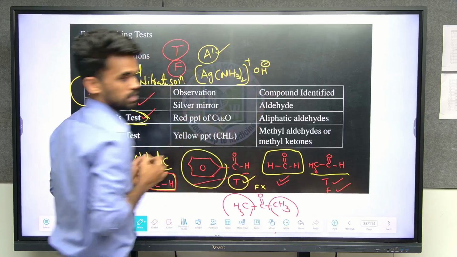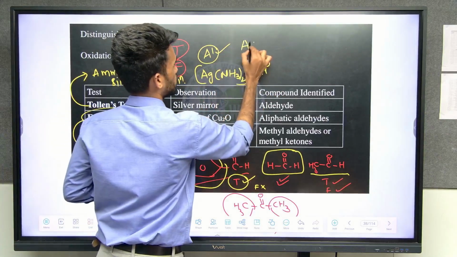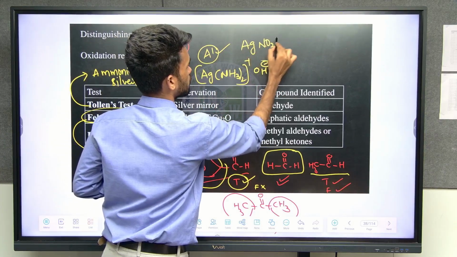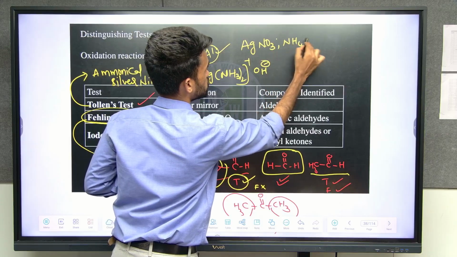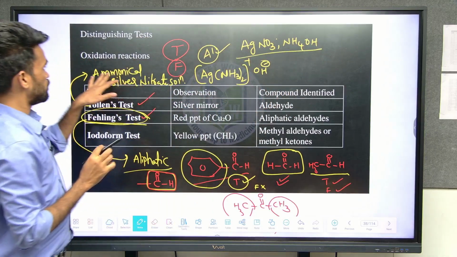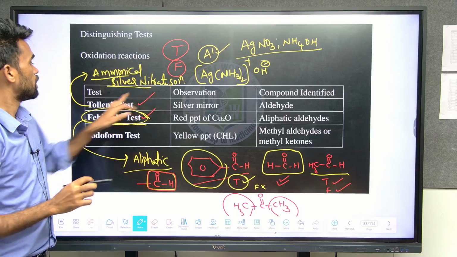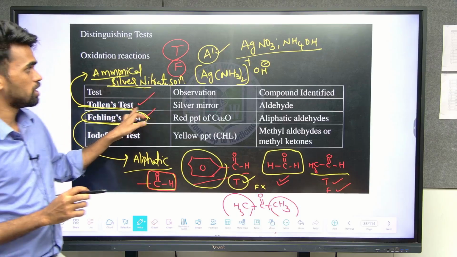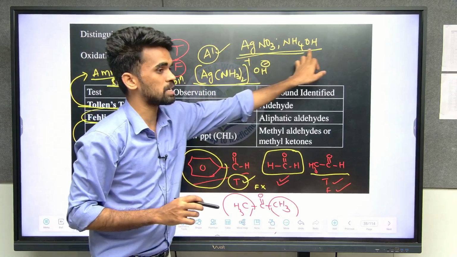Or it can be given like this also: AgNO3 and NH4OH. They may mention it simply by writing the name Tollens reagent, or with this complex, or with this composition.